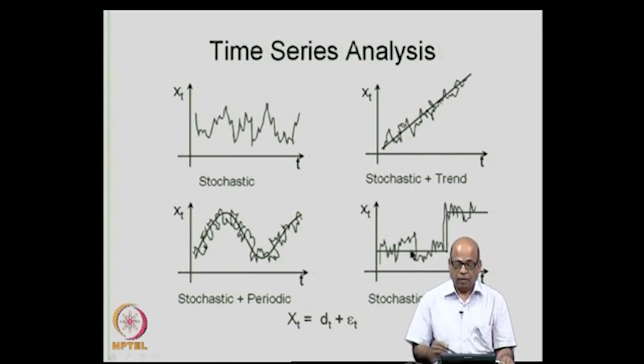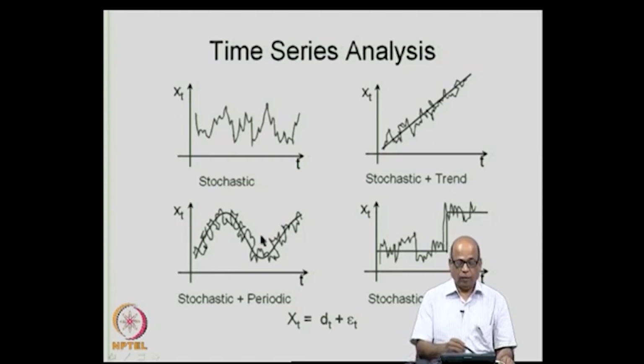Then the hydrology starts operating at a different level altogether. This may be either a jump or a drop. What was operating at one level on an average starts operating at some other level on an average. So, you have a stochastic component and a jump component in this.